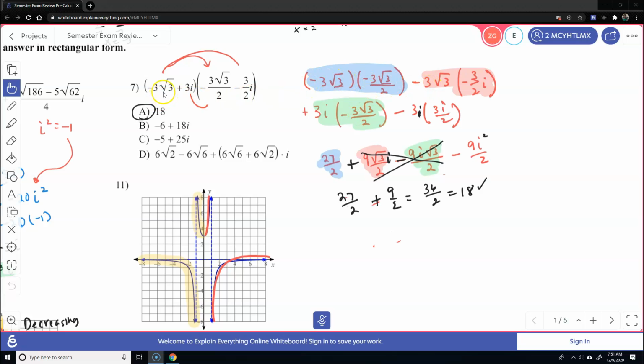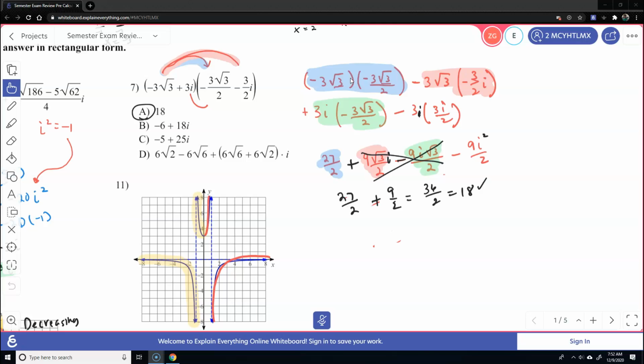Negative 3 square root of 3 times negative 3 square root of 3 divided by 2 is indicated in the blue section. That would be the first one. The next one is the red one, which is negative 3 square root of 3 times negative 3i over 2.